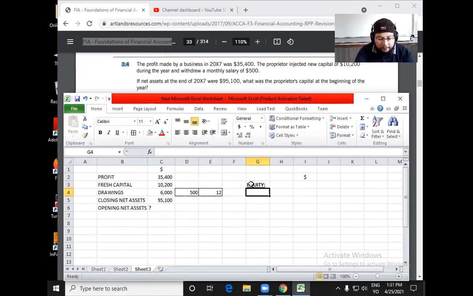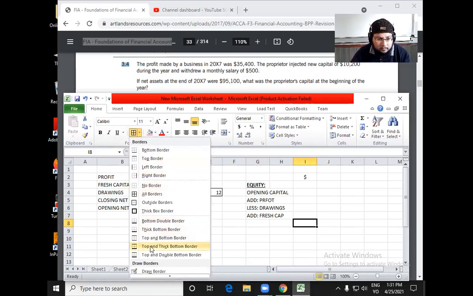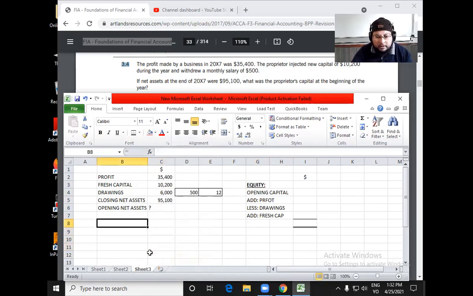As you know, we have opening capital in the beginning, then we add profit, then we less drawings, then we add fresh capital, and then we are provided with finally with the closing capital.